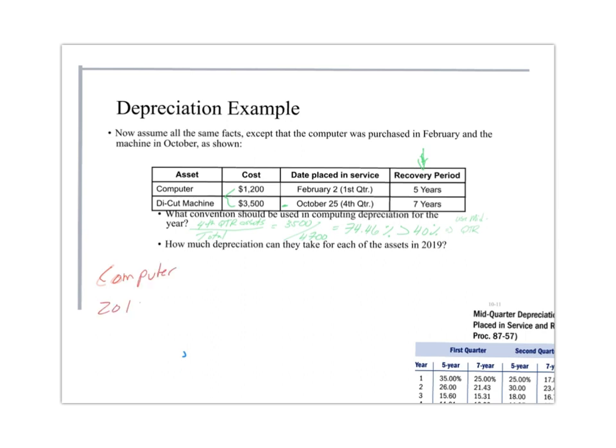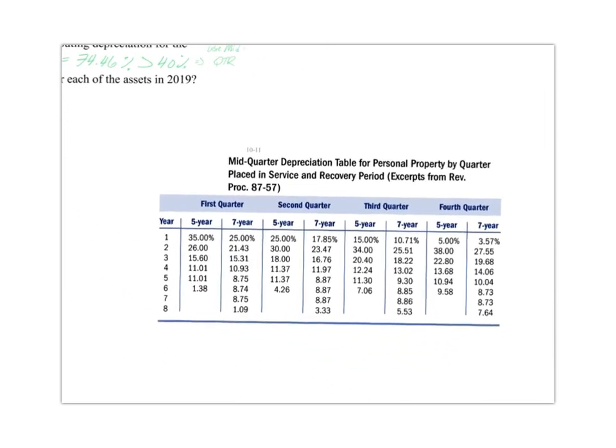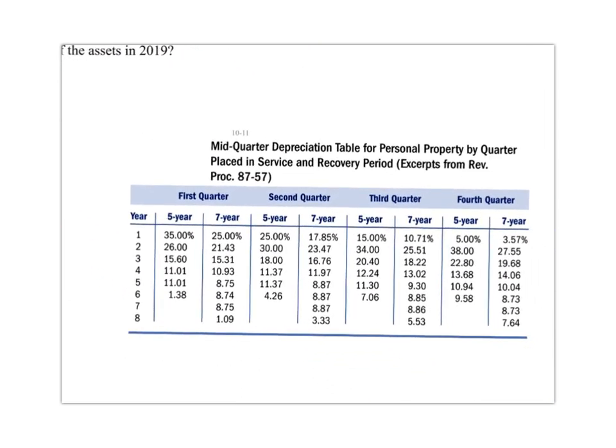And we'll do 2019. And you start out the same way. You have to use your cost. All right, and now I've inserted the mid-quarter convention table, a piece of it in here, okay?